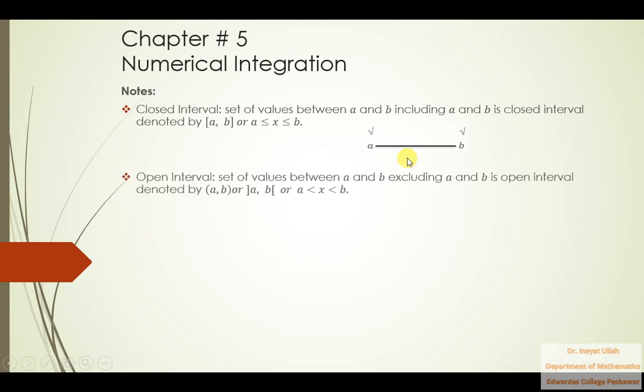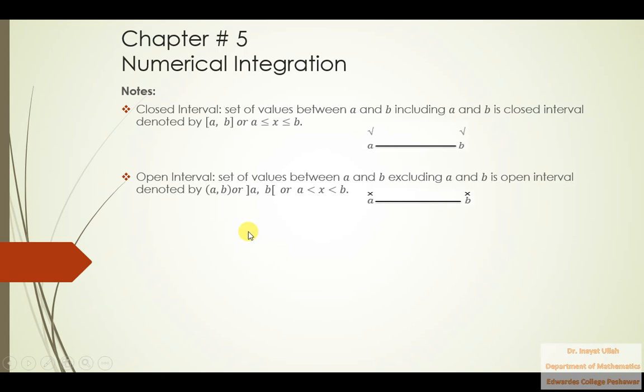The second one is open interval. If we remove these endpoints, a and b, and include all the points between a and b, that is called an open interval.